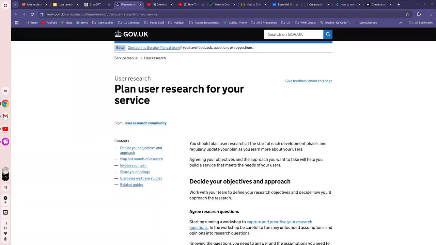Now, these guys are the ones that designed websites like gov.uk, where you do a lot of the things that you want to do with the government, whether it's to DVLA, whether it's to HMRC, whether it's to, what else do you do with government?